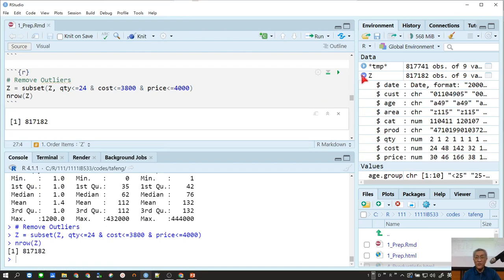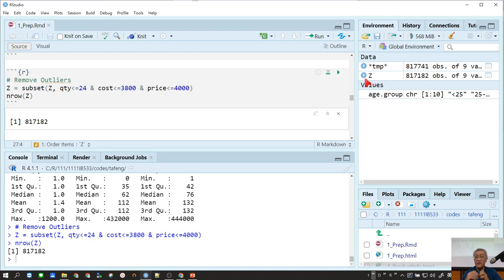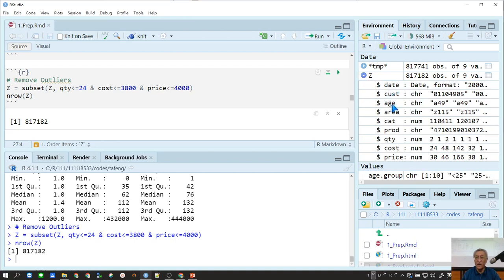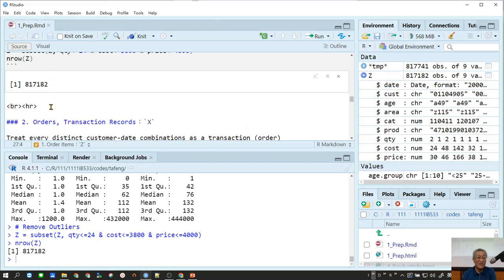But within this Z table, it is actually an item, it is not a transaction. As I say, a transaction can have several items within one transaction. But unfortunately, within the raw data, there is no transaction ID. Usually there will be a transaction ID or invoice ID or something like that, but for some reason, this data set does not have a transaction ID. So we need to do this.